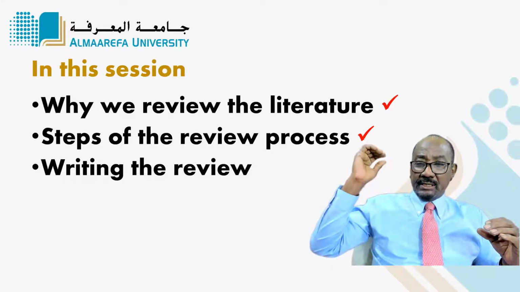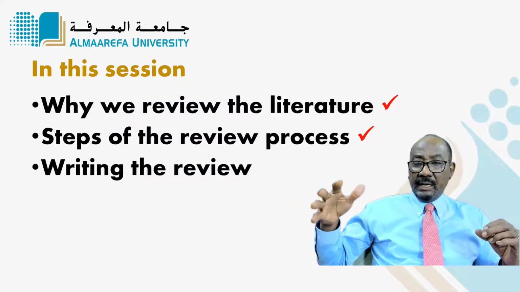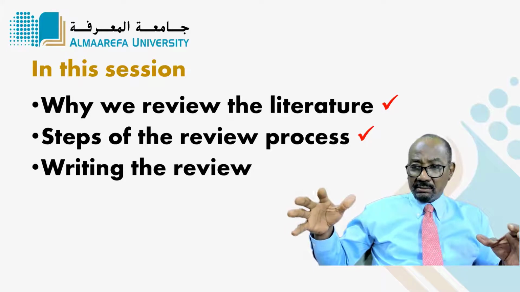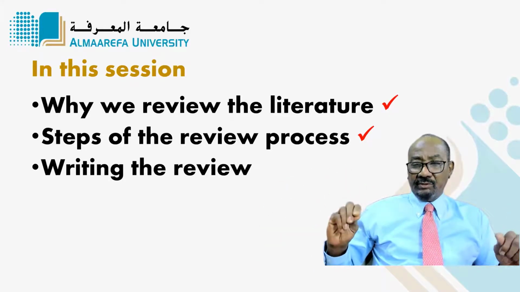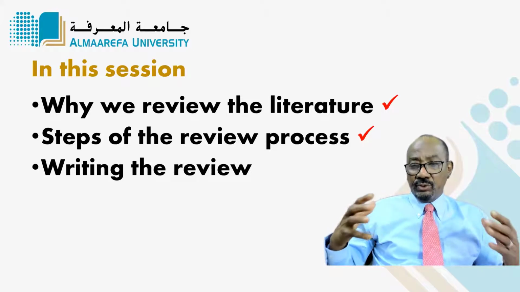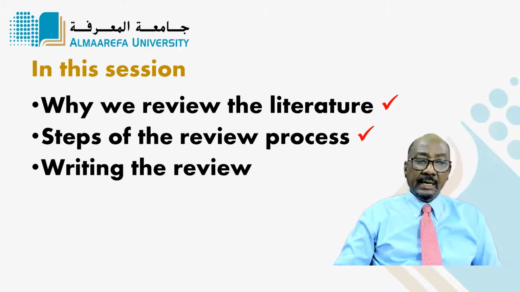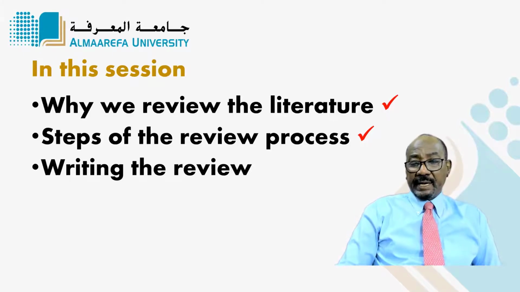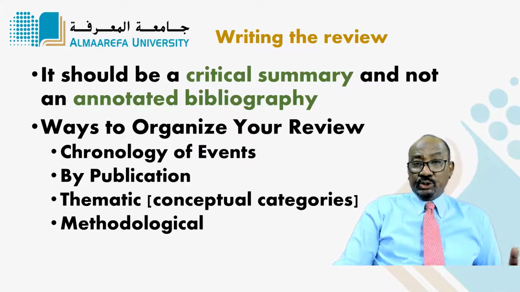Now, these are the steps, I just summarize them. You first specify what you want to look for and identify keywords. You search for literature, you bring the literature and you save it. Then you review the literature using the techniques I explained earlier. Then when you come to the writing part, first of all, it should be a critical summary.